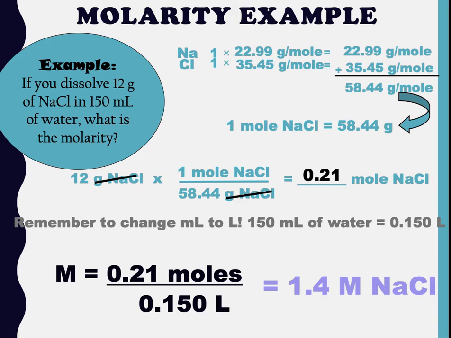There's a question here about rounding. When you do 12 divided by 58.44, you actually get 0.205. If you did 0.20, you wouldn't round up to 0.22. It kind of depends. Usually as long as you're close enough and your significant digits are correct, I will give full credit and not really worry about it.